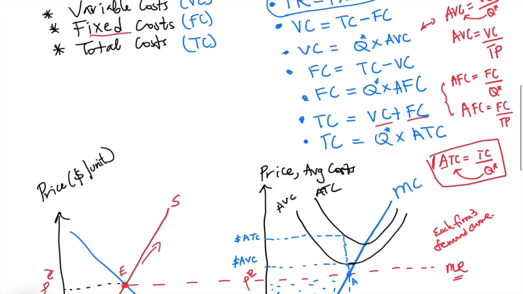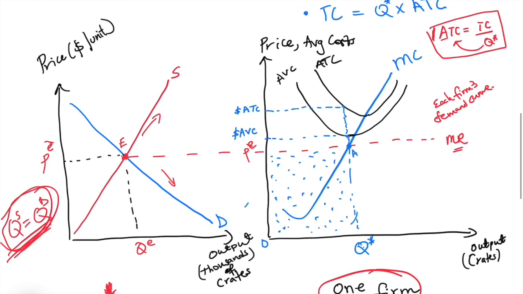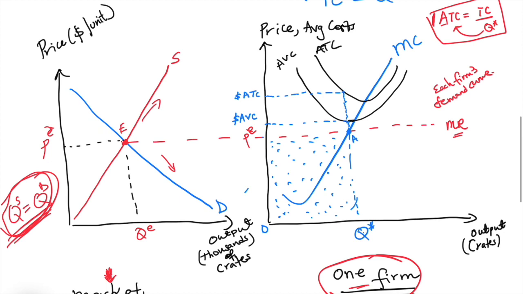Remember, variable cost was Q star times AVC. So I hope this is making sense, that variable cost will be the area from 0 to Q star to this intersection. Let's call that intersection B, to dollar value AVC down to 0.